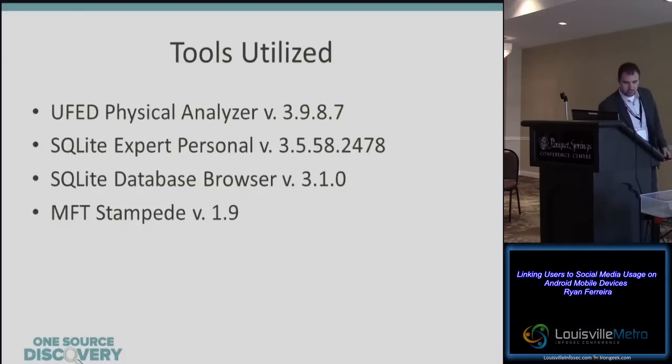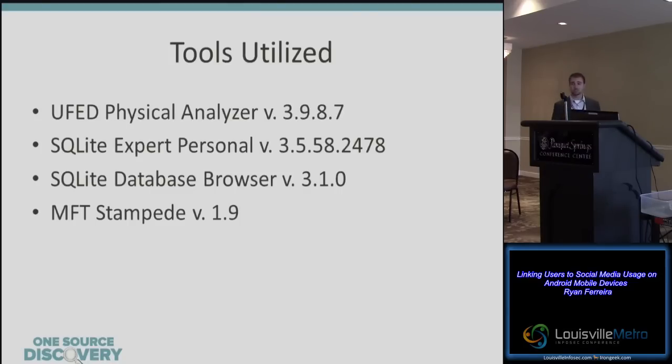The tools utilized here, as I mentioned, UFED Physical Analyzer, did that for both the collection and the analysis. SQLite Expert Personal and SQLite Database Browser. Both of those are not open source, but open license, so you can actually go and get those and play around with those if you want. They basically make the SQLite tables a lot prettier.